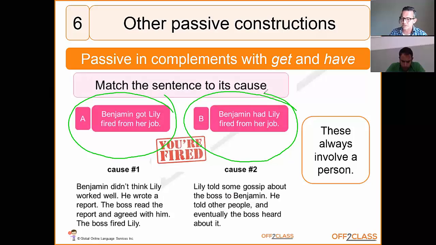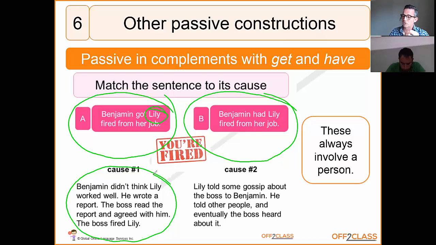In both instances, Benjamin got Lily fired from her job. He didn't do the firing. He isn't really the subject of this, but he did something that caused an effect on Lily. Now, the difference between got and had, or get and have here, is that in got, there is an idea that Benjamin is more involved in the action of the verb that took place.